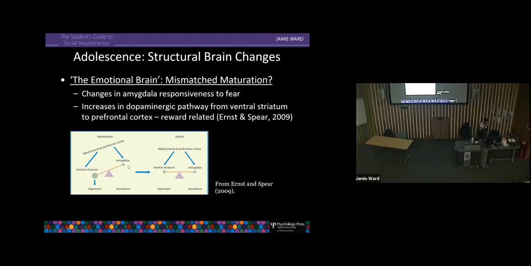So the idea is that you've got almost a seesaw between risk taking, which is more approach reward sensitivity, versus the consequences of risk, punishment, getting things wrong, and so on. And that in effect, in adolescence, it is balanced more towards rewards and approach behaviors rather than avoidance.